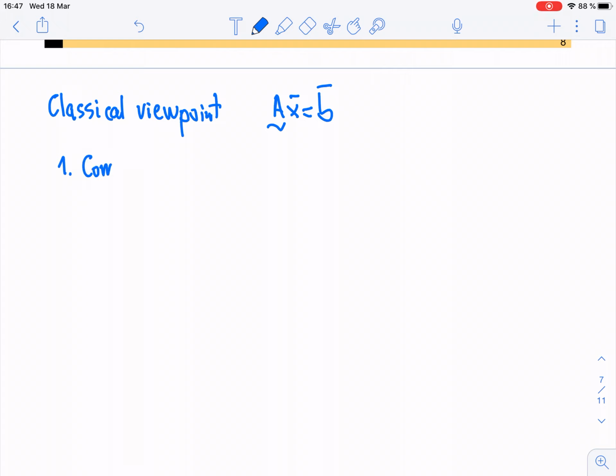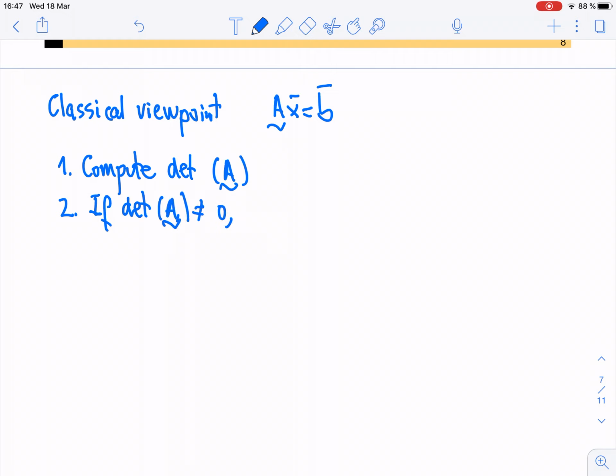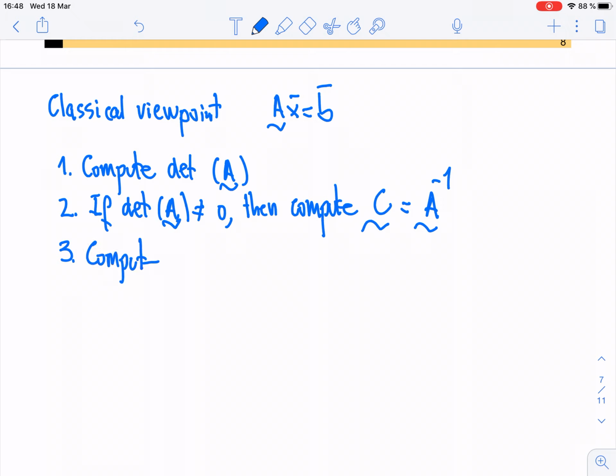First, compute the determinant of A. Second, if the determinant of A is different from 0, then compute matrix C as the inverse of A. Third, compute the solution X star of the system as the product of C times B.